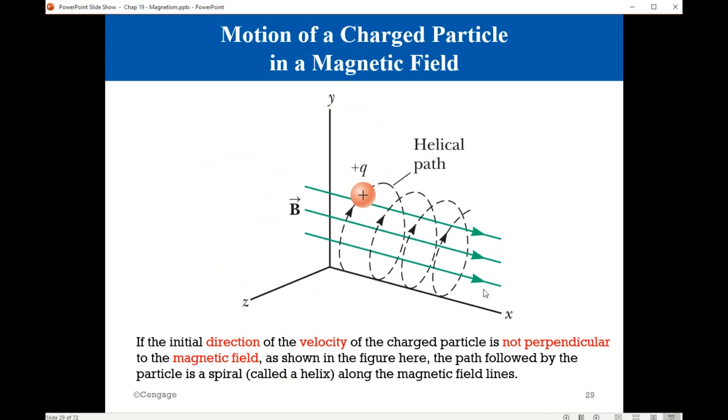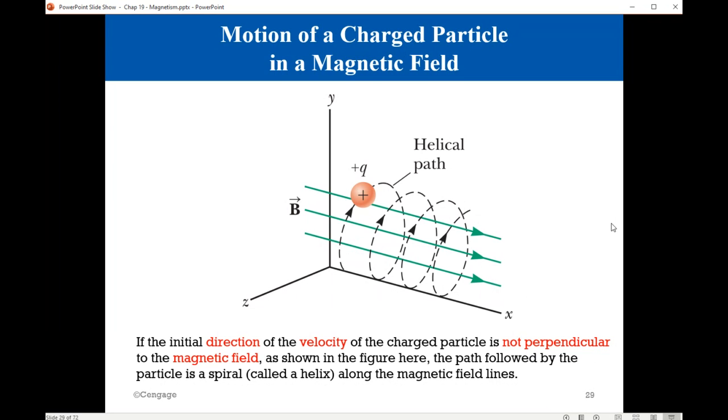If the initial direction of the velocity is not perpendicular to the magnetic field, then we can decompose it into two components, one perpendicular to the field and the other parallel to the field. The one perpendicular to the field will create the circular motion, and the one parallel to the direction of the field will make the circle into a spiral like this. So the charged particle will follow this spiral path when the initial direction is not perpendicular to the magnetic field.